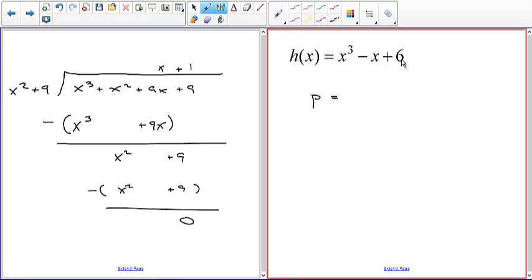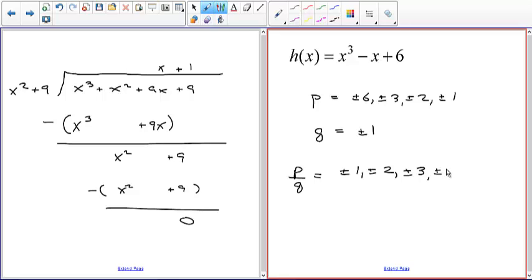So the factors of 6 are plus minus 6, plus minus 3, plus minus 2, plus minus 1, q, just plus minus 1. So if we look at p divided by q, it's basically all these numbers: plus minus 1, plus minus 2, plus minus 3, plus minus 6.